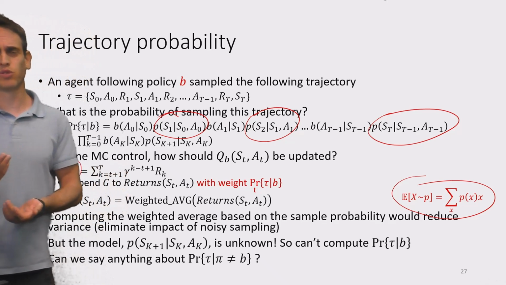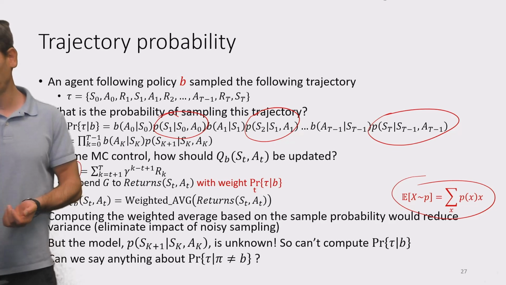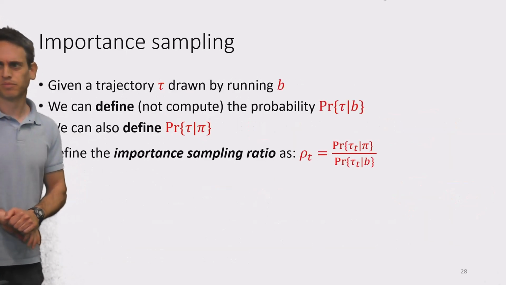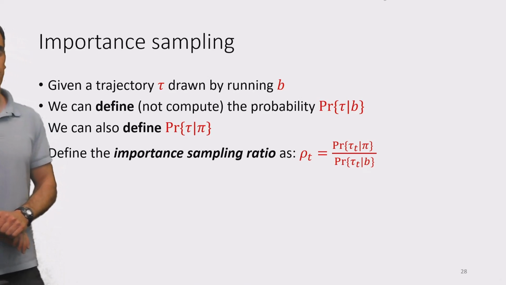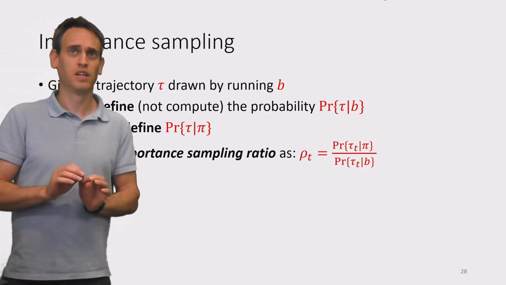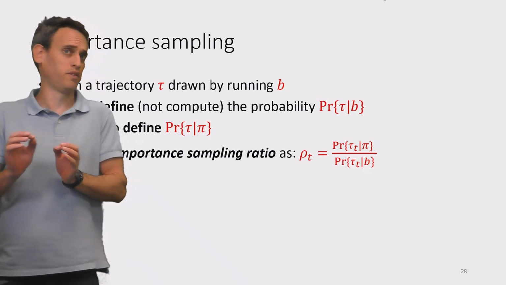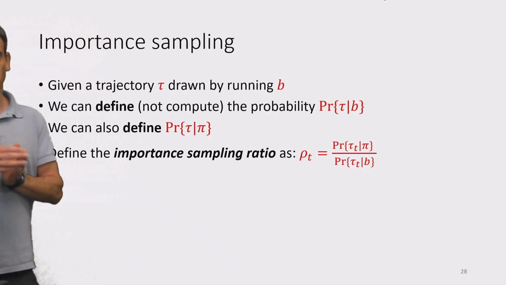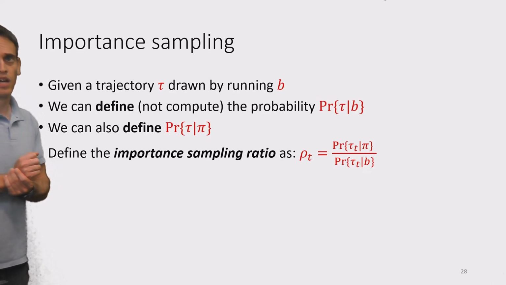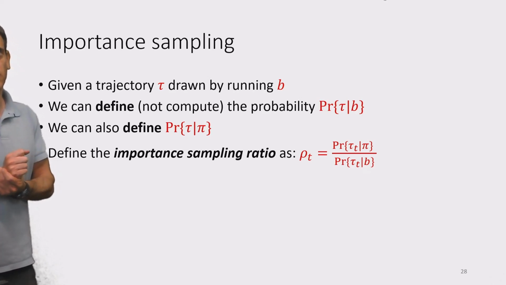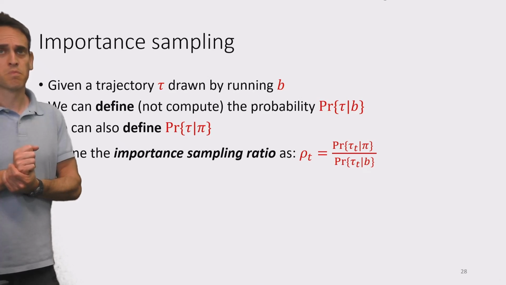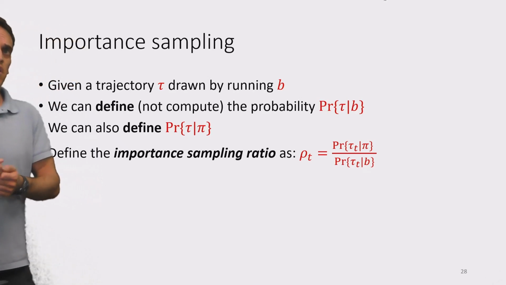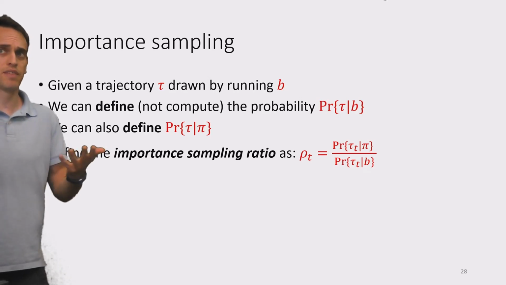So this is an interesting question, and actually the answer is pretty straightforward. Yeah, sure, we can do the same computation. We can define, maybe not compute, but we can define, following a very similar definition as we saw for the behavioral policy, the probability for sampling a specific trajectory for any policy other than the behavioral policy.